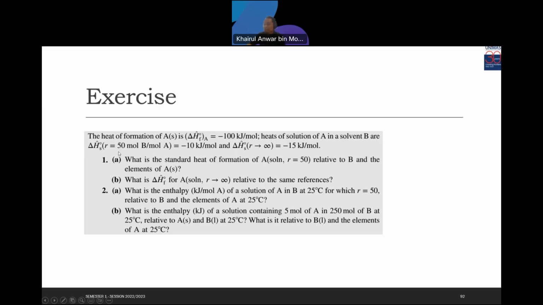So the standard heat of formation of A solution is equal to negative 110 kilojoule per mole. What is delta HF for A solution with r dilute relative to the same references?